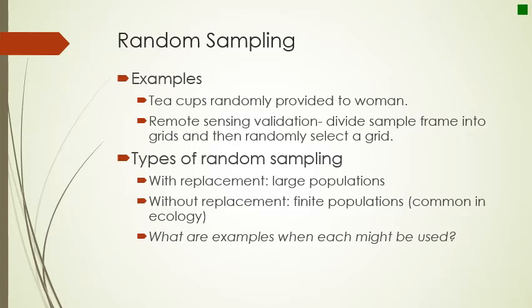Or if we're sampling individuals in our population of birds, for instance, we may capture individuals, put bands on them, measure their wing length, let them go, and maybe the next time we catch them, we don't collect that measurement because we only want it on different individuals in the population. And that's generally the way that we see this done. And again, it's an unbiased method of obtaining our estimates, and the variance is known.